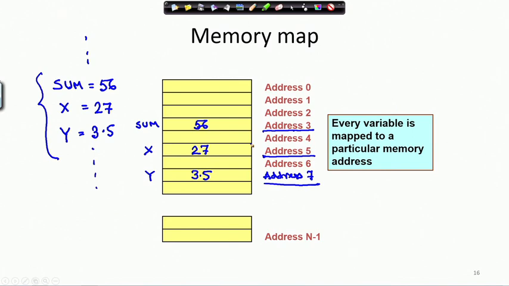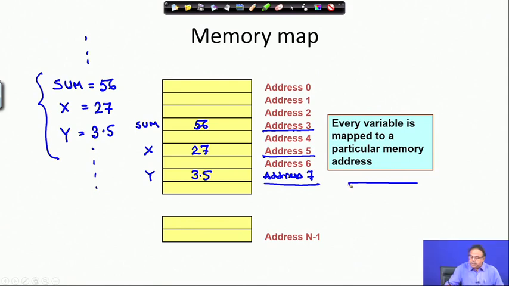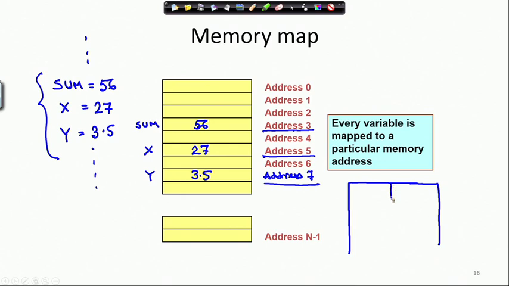Once that is done, there is a table, a record that is kept, that you can think of, where we have got the variable and the address.